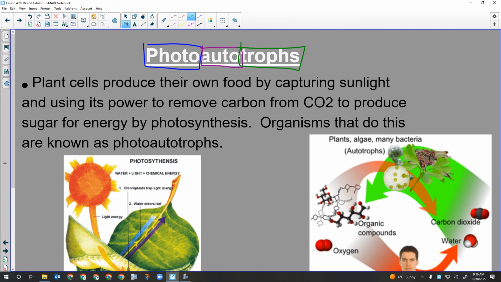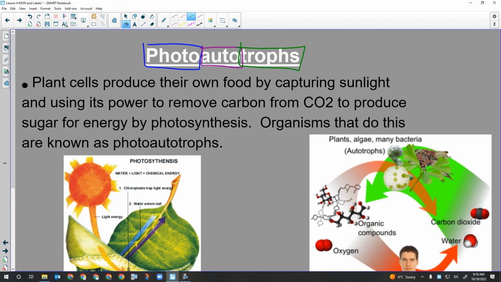They take material from the deep sea hydrothermal vents and convert it into sugar themselves, so it's still self-feeding. They're pretty rare though, so we're just going to deal with photoautotrophs and chemoheterotrophs.